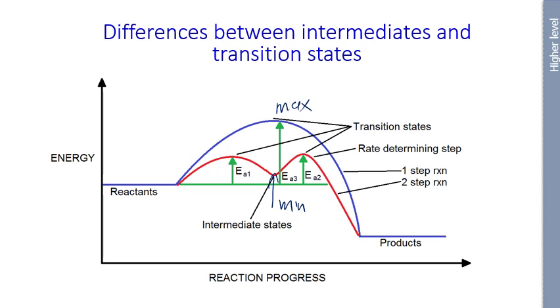Those are the main differences. Transition states are transient, whereas intermediate states exist in both of the steps, whereas transition states only exist in one step because it's unimolecular.